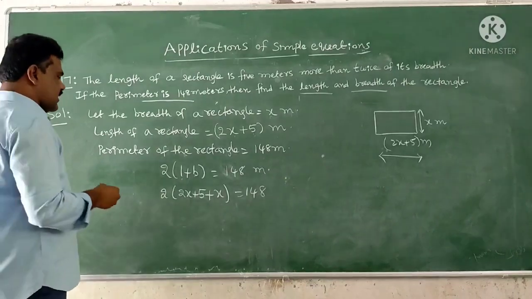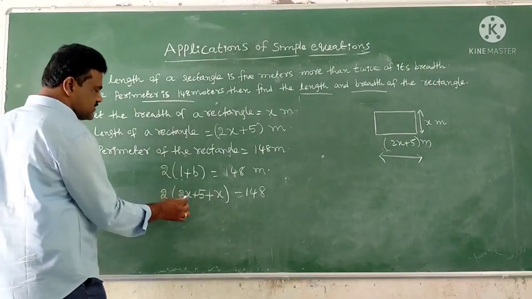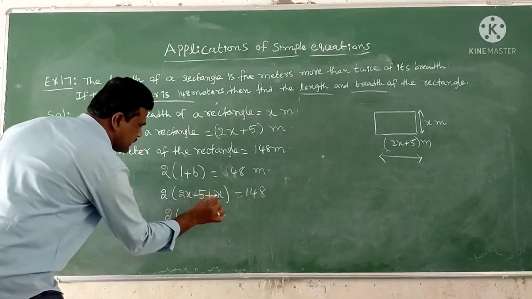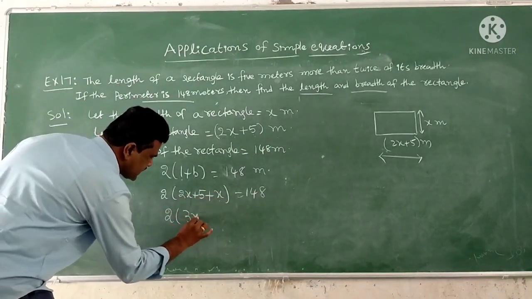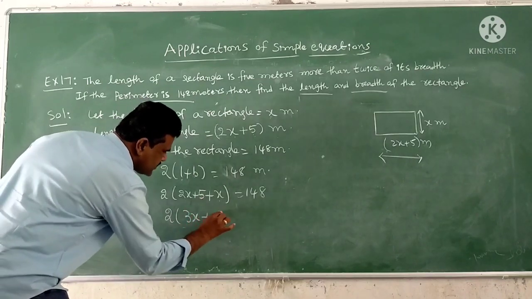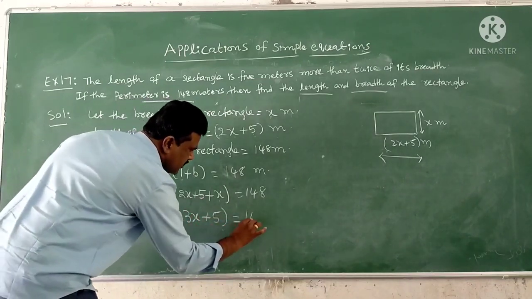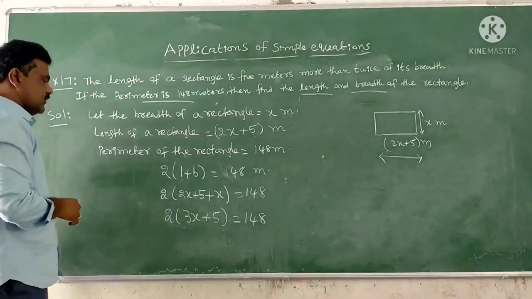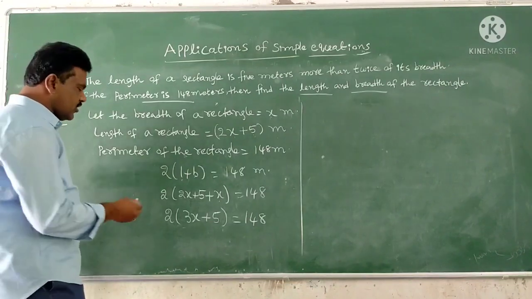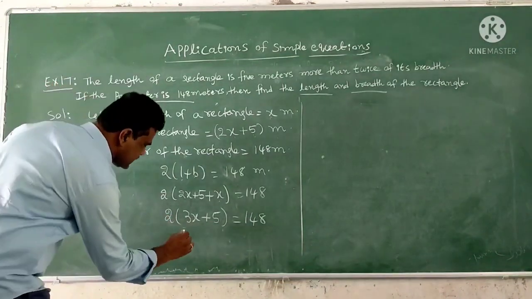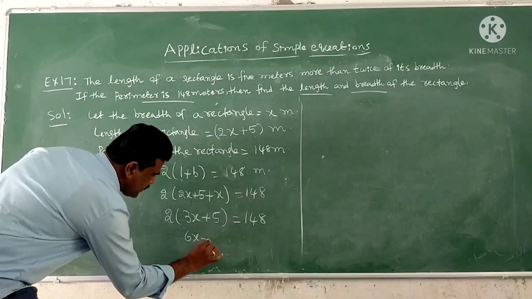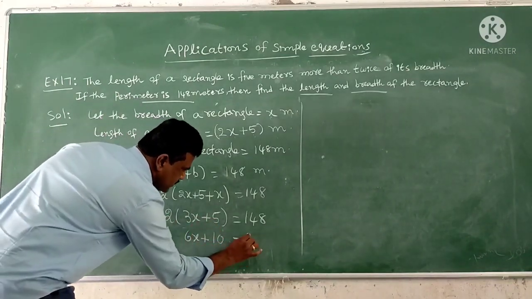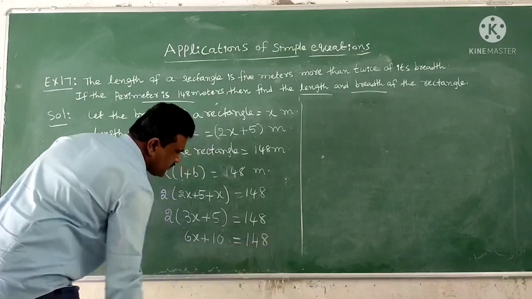Add the like terms, 2x plus x: 2 into (3x plus 5) is equal to 148. Now multiply: 2 into 3x, 6x, plus 2 into 5, 10, is equal to 148.